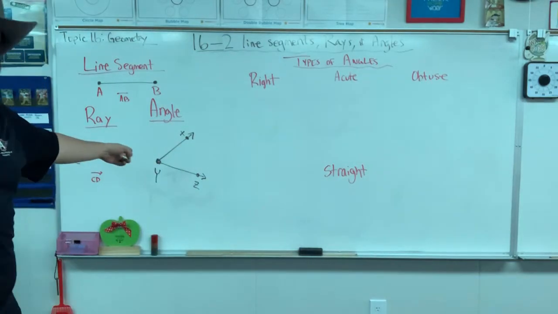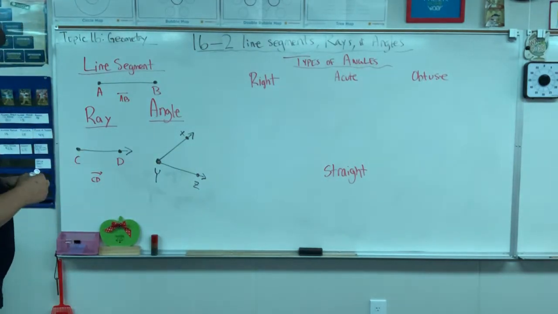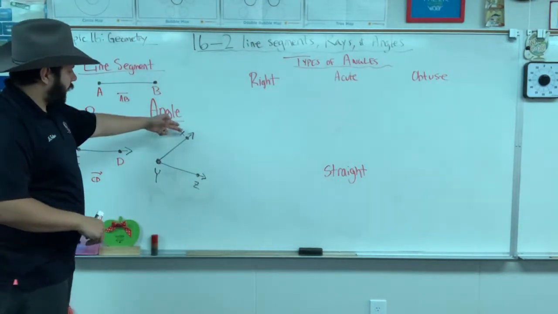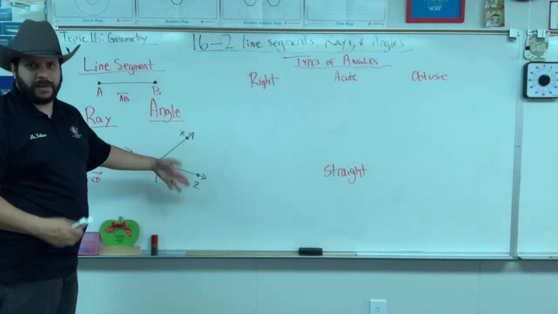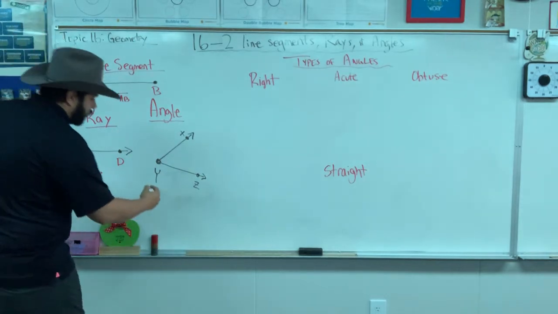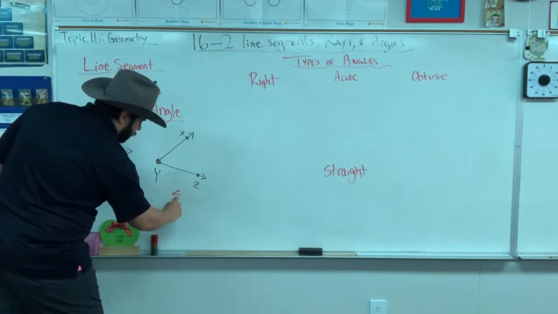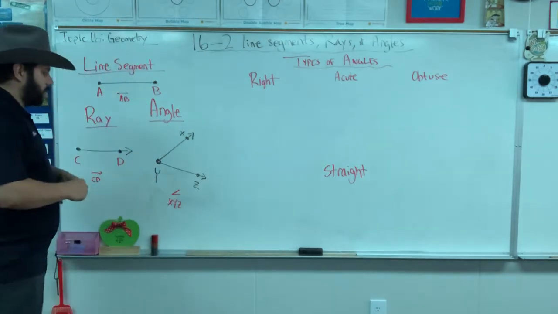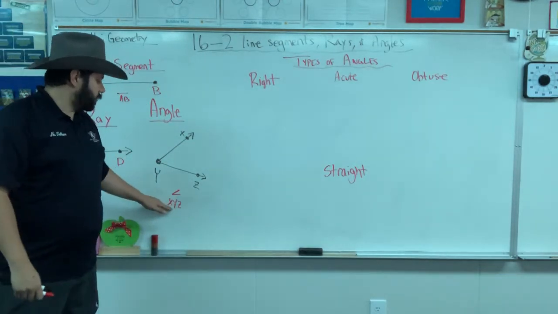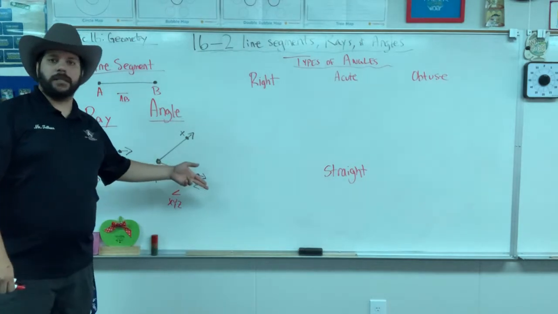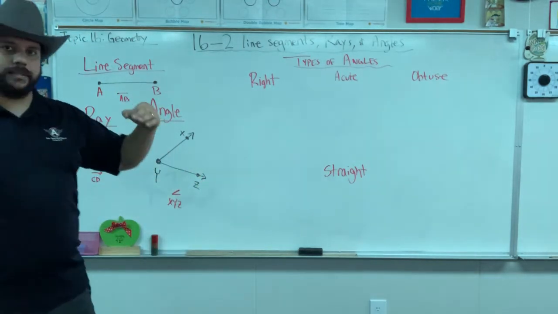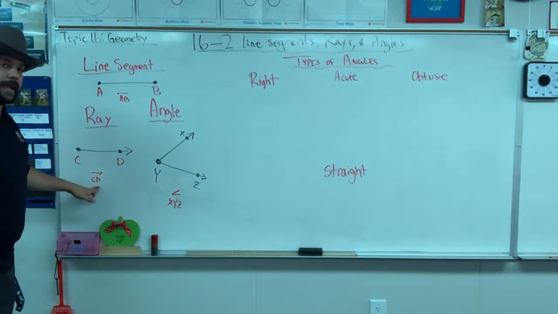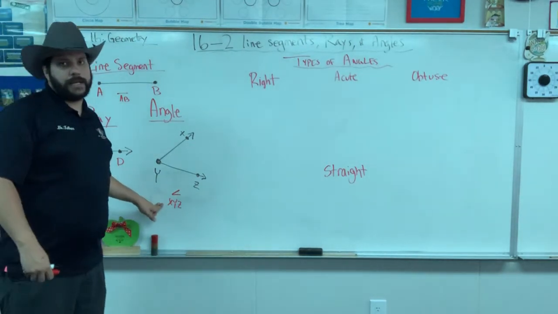I want to be able to refer to it when I talk about it. So, this is called angle XYZ. Right? That makes sense. So you would do it like this. Angle XYZ. Simple. Okay? You write the name of it using your variables, and then you put the symbol above it that refers to what type of geometric thing it is. Whether it's a line segment, a ray, or angle XYZ.